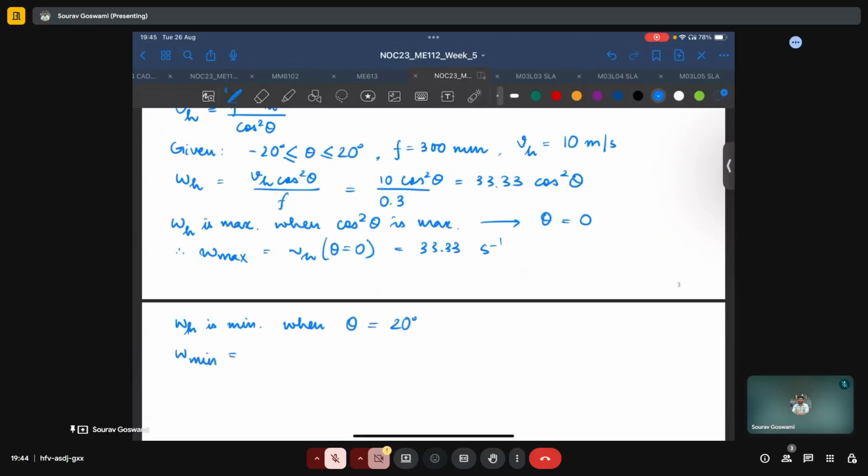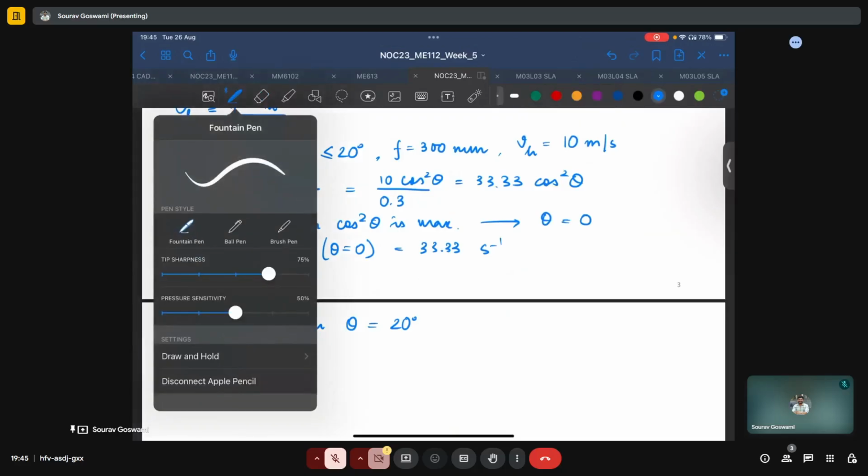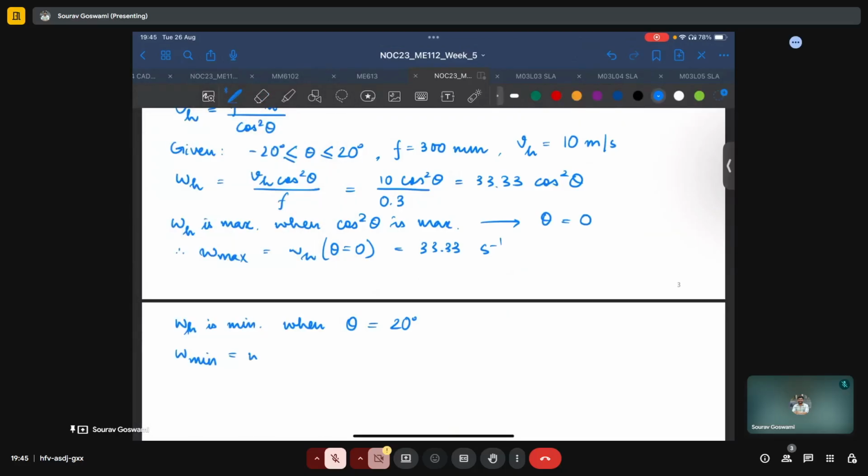So omega min equals omega h at theta equals 20 degrees, which equals 33.33 cos square of 20 degrees radians per second. Please allow me a minute to work this out.